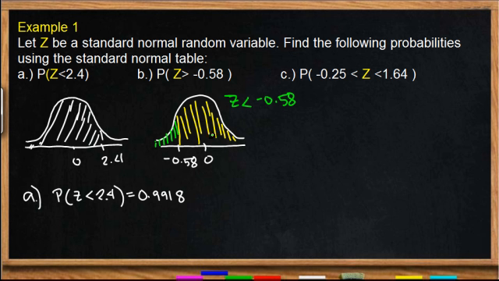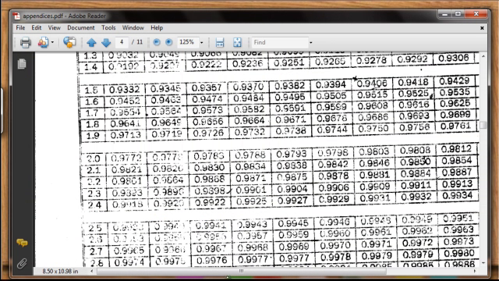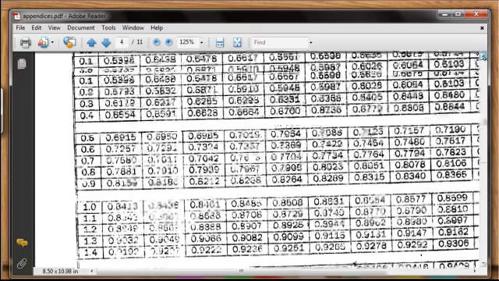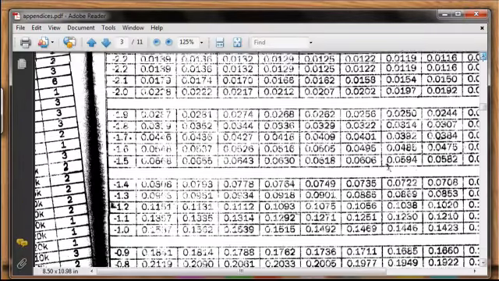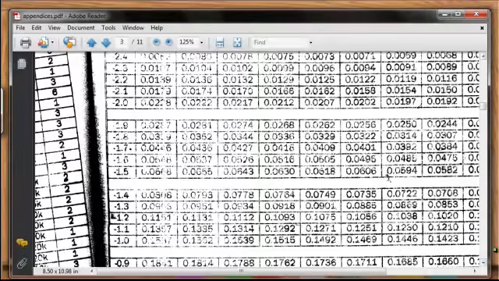So first we get the probability that z is less than negative 0.58. Let us look at the table. Negative 0.58, so z must be negative 0.58.